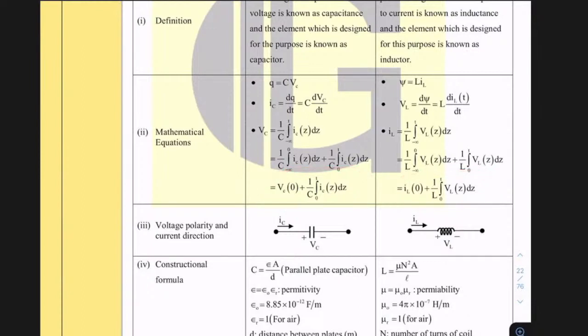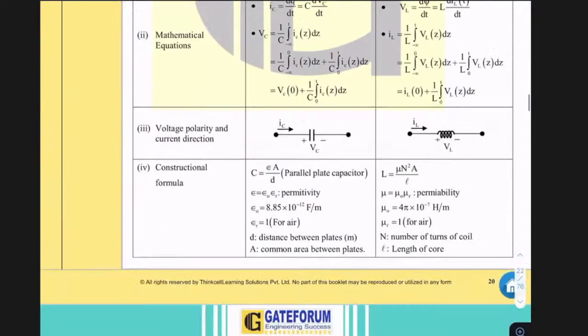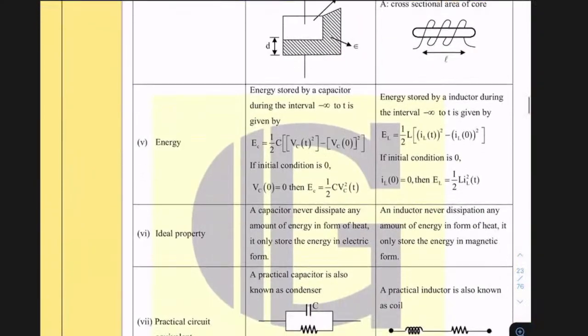While writing such equations, the polarity and the current direction should be fixed in your mind. The current always enters from plus to minus, both in capacitors and in inductors. You shouldn't forget that.